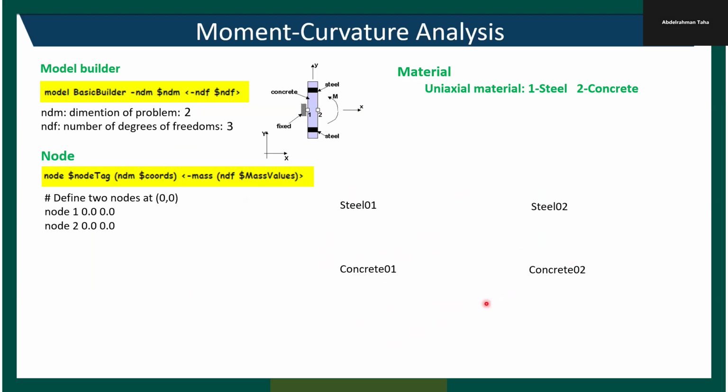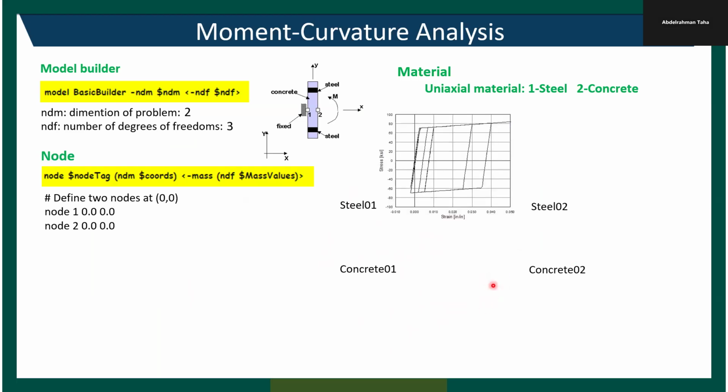Dr. Brahimi has explained this in the class, but we're just gonna show them briefly here. Steel01 material is just a simple bilinear material where the first part represents the linear elastic phase of the response, and the second part represents the nonlinear or the plastic part.